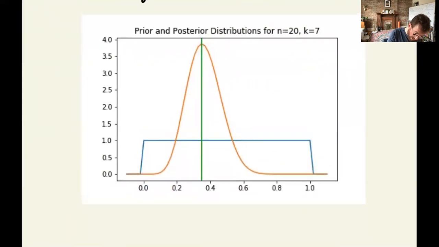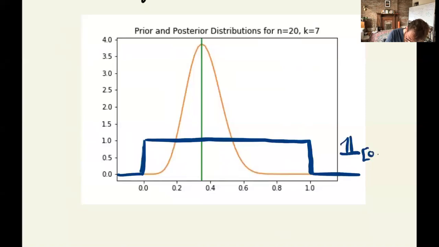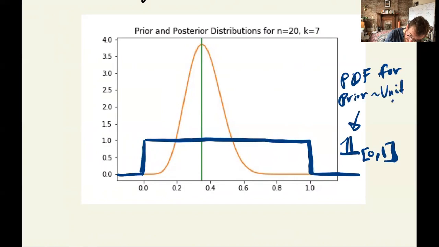And so you can see here that beforehand we had this nice sort of curve. This is just me plotting the uniform function, a drawing of the indicator function on 0, 1. This is just the PDF for the prior, which was uniform on 0, 1.